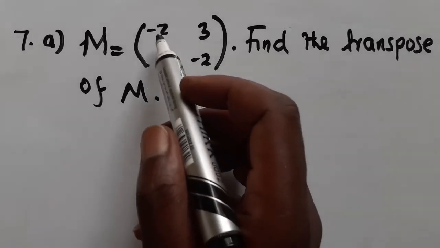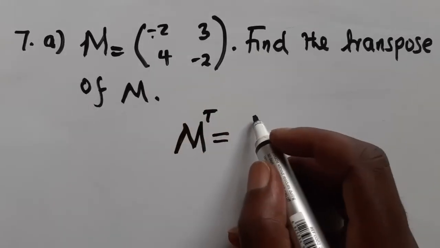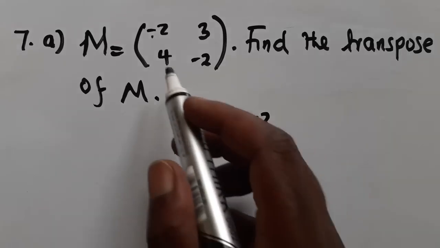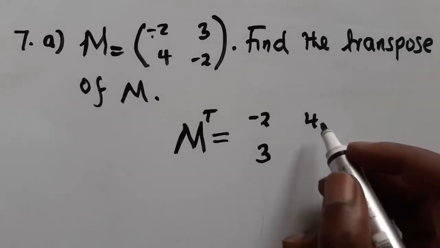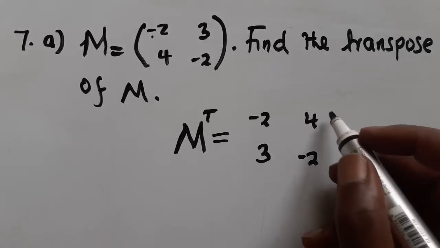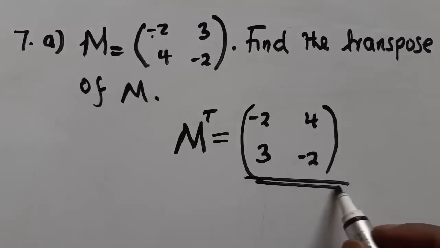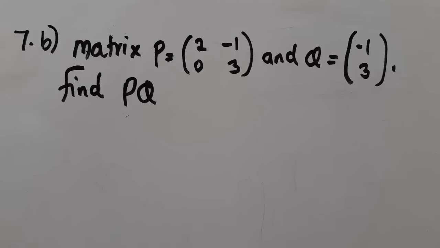The first row is going to become the first column. The second row is going to become the second column. The rows become columns. It's as simple as this. This is what is going to be our answer. All right. So we come to B.